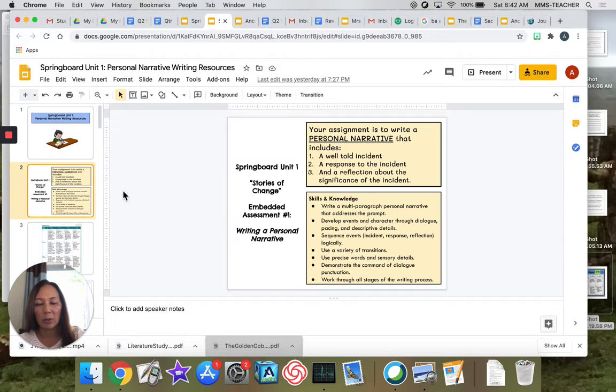And I'm going to go to slide number 2. So in our Springboard Unit 1, the unit is called Stories of Change, and there's an embedded assessment. Now the embedded assessment is like your summative, but in Springboard they just call it an embedded assessment.